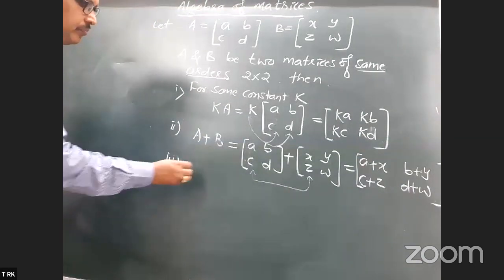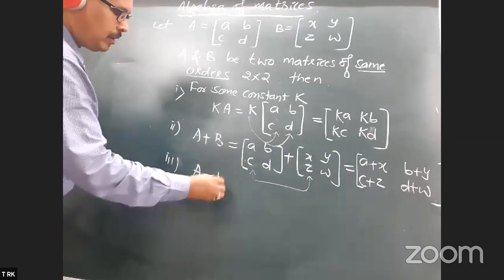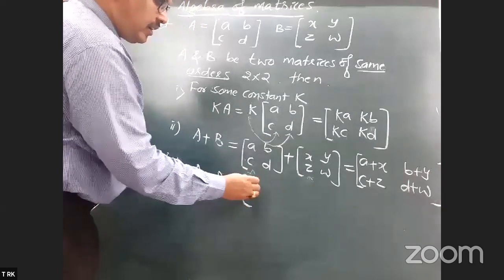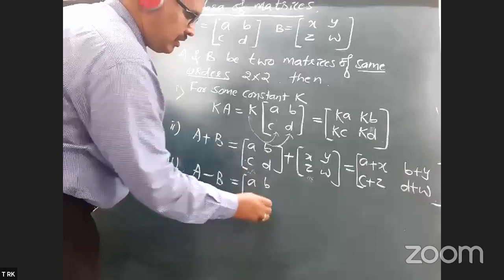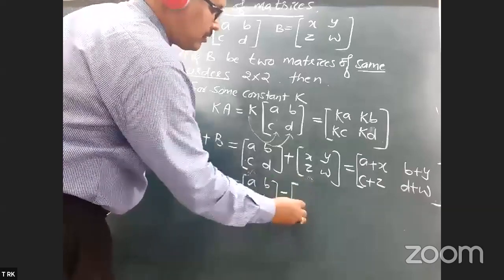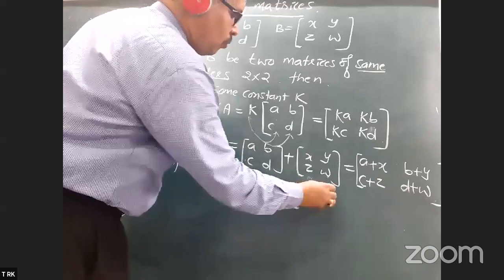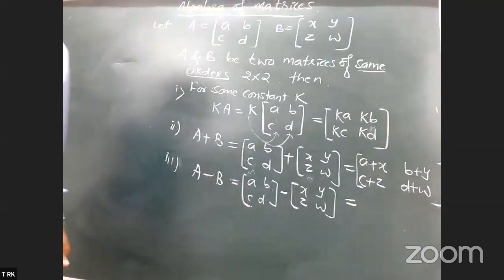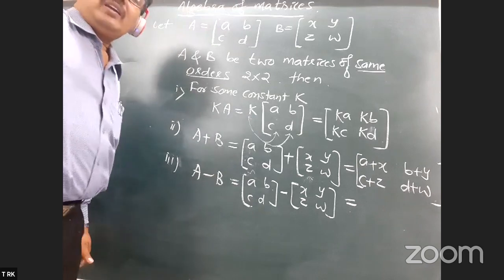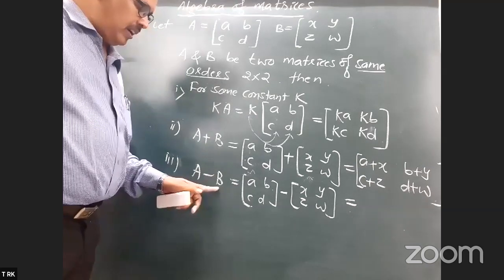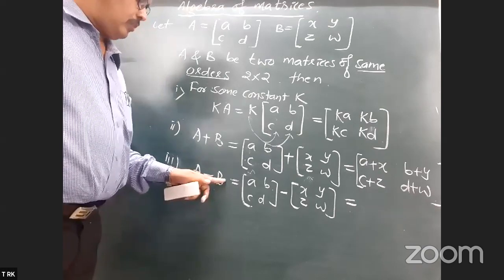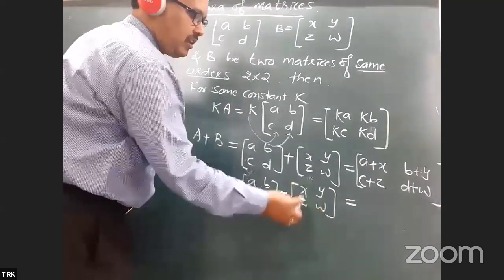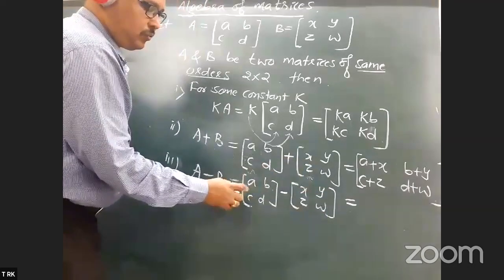Third one, see on the same line, A minus B. So once again, A is A, B, C, D minus X, Y, Z, W is equal to: A minus B is subtract all elements of B from the corresponding elements of A. Subtract all elements of these from the corresponding elements of the first matrix.